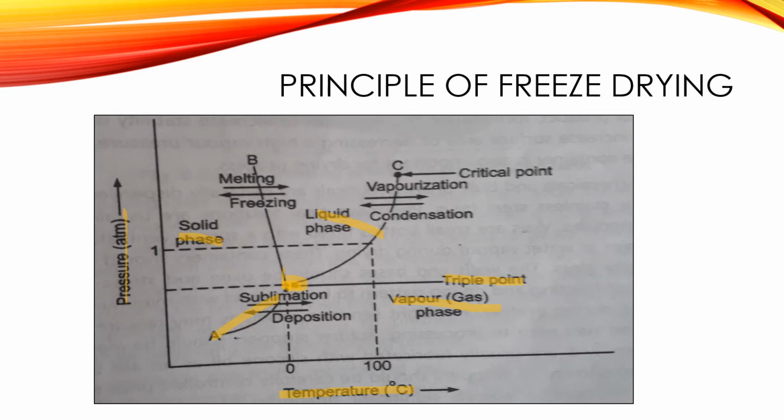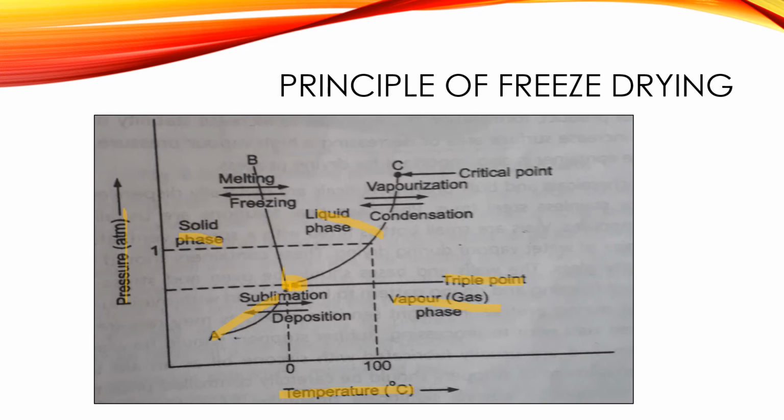Pressure as well as temperature. As I said, this lyophilization is performed at temperature and pressure condition below the triple point. So the pressure will be 4.58 mm of Hg at a temperature of 0.0099 degrees Celsius.